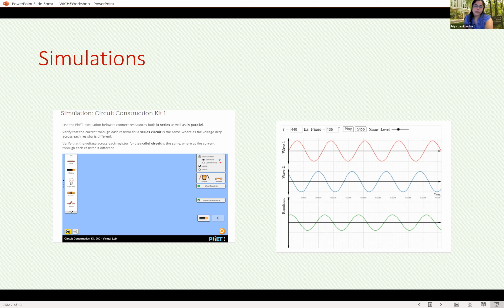They can look at the resultant wave, how the waves add. In this simulation, you can also hear it. If you play it, you can actually hear the final sound. They can change a few parameters and see the change in the sound.